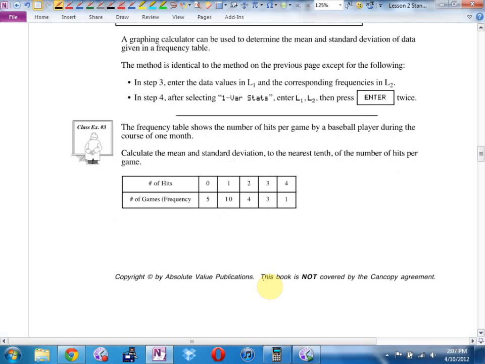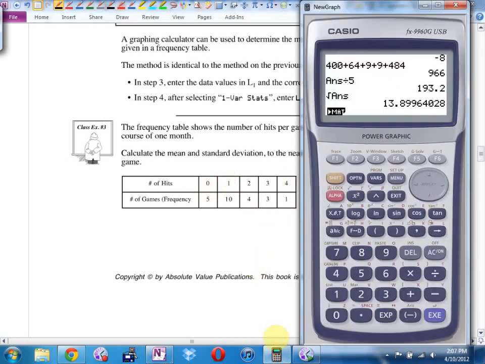It says the frequency table shows the number of hits per game by a baseball player during the course of 1 month. Let's enter this into our graphing calculators. How? You know what? Figure it out. I'm going to freeze the screen. See if you can clear your lists and then enter that in, and then go calc set and make sure you set the tables correctly.